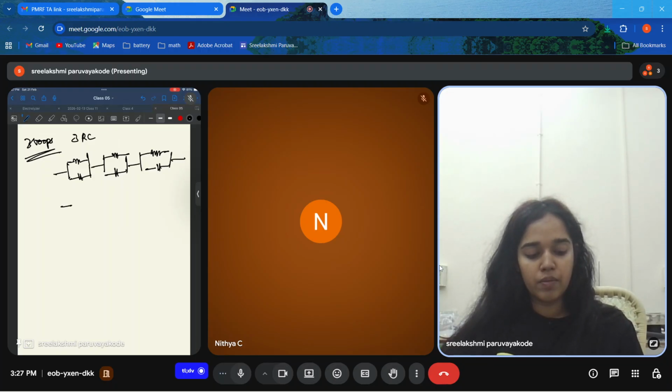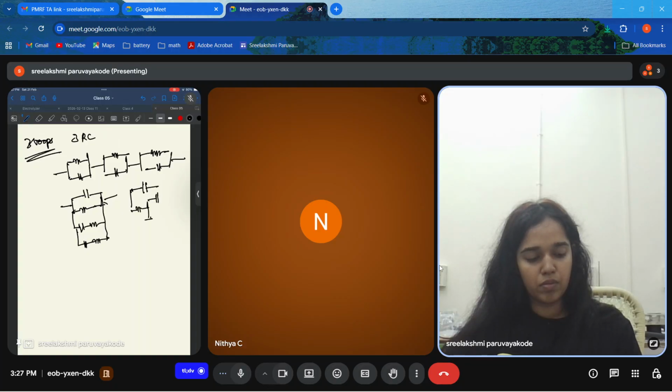So either this one, or you can go for the Maxwell circuit like this, where you have three pairs of RC, or it can also be the ladder. So either this Maxwell or this ladder or this Voigt circuit can be used, except that the values will keep on changing.